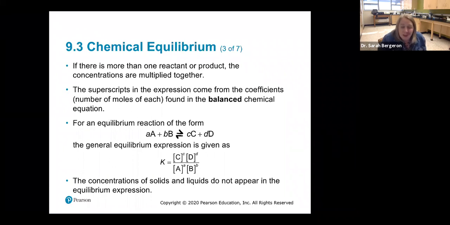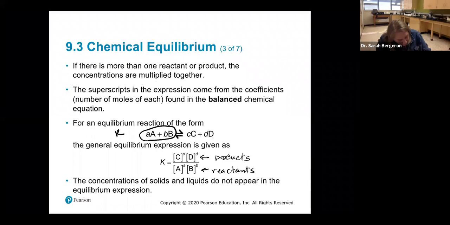So if I were to write an equilibrium expression for this chemical reaction, what I would say is I want my products over my reactants. Okay, so here are my reactants, and here are my products. So I put C and D on the top, I put A and B on the bottom.